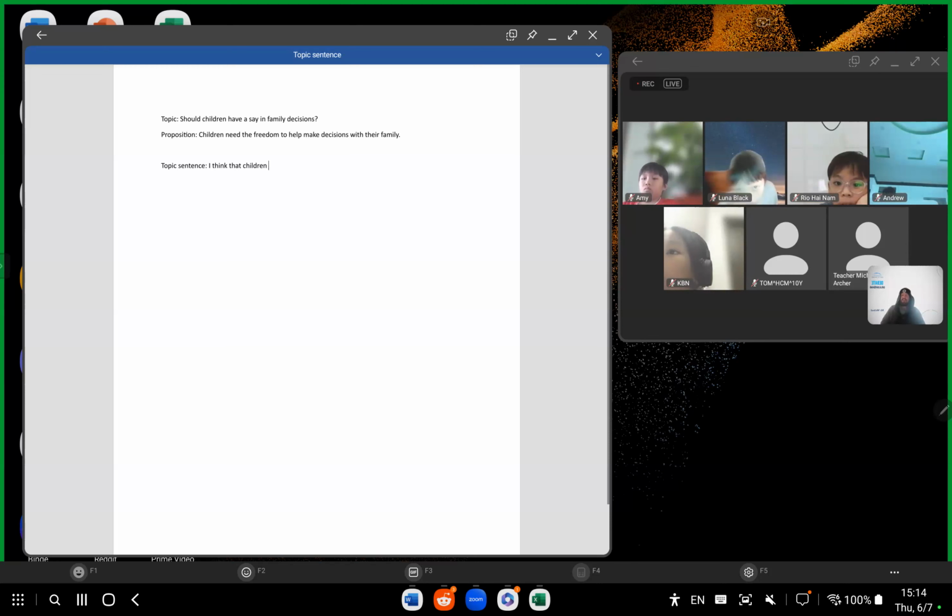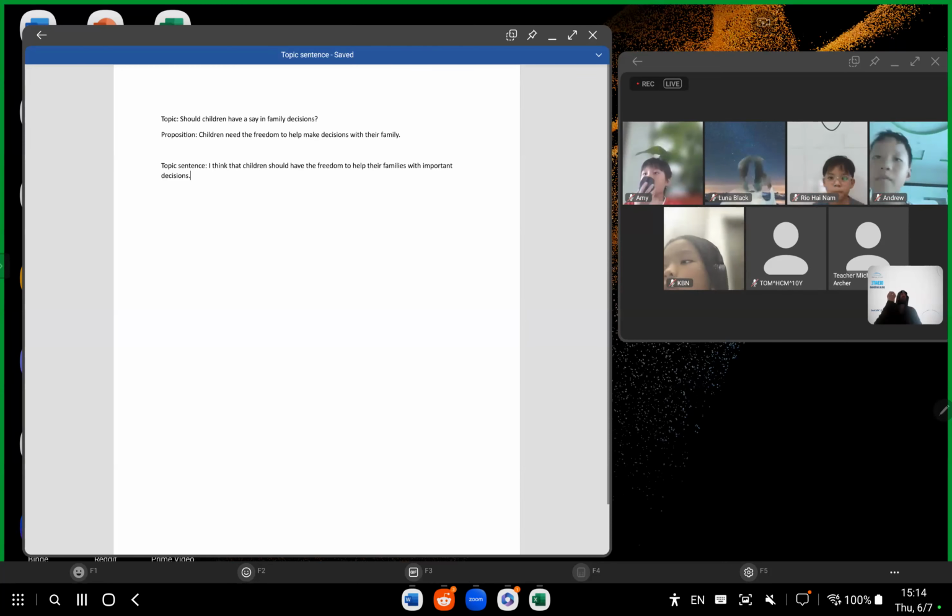So I think that children should have the freedom to help their families with important decisions. So it's a short sentence and it lets the reader or the listener know exactly what my point of view is. I think that children should have the freedom to help their families with important decisions.